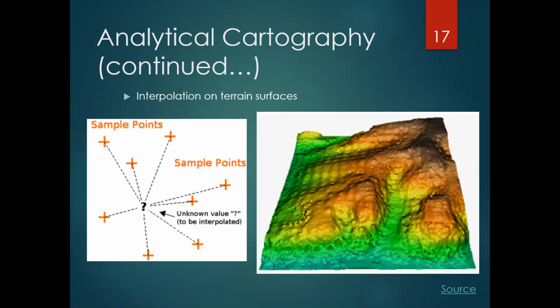At the end of the day, you may have sample points like these orange crosses. But in order to produce this very smooth surface, we need to add more points between sampled points. So in this case, we need to do interpolation to use sampled points to predict unsampled points, right? So this is interpolation.